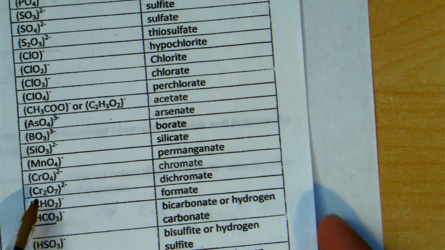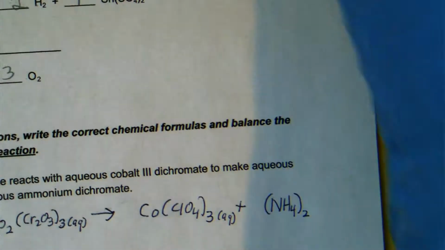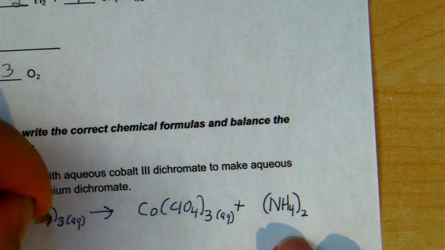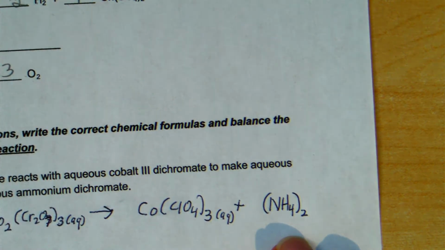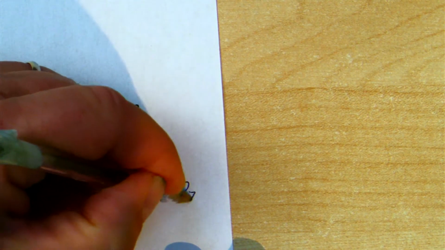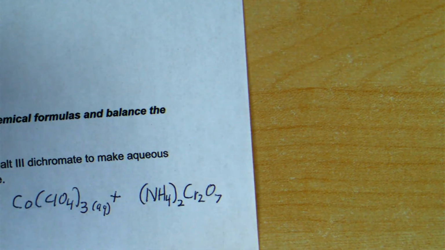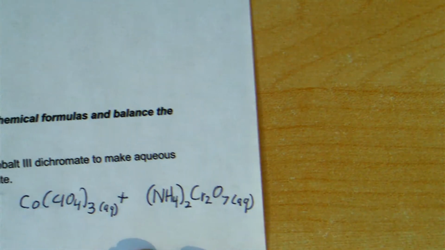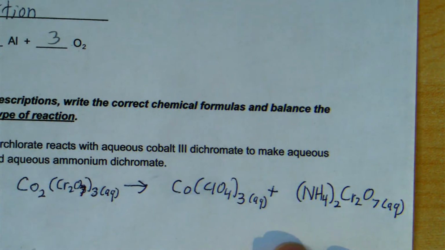I should have written Cr2O7. So that's a typographical error, a human error, pilot error. Cr2O7 with a 2 minus charge. So here I write Cr2O7 and it's aqueous. So in parentheses, aq, there's the skeleton equation.